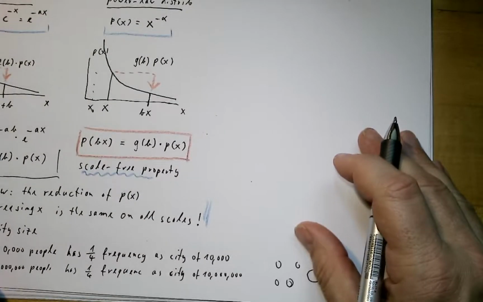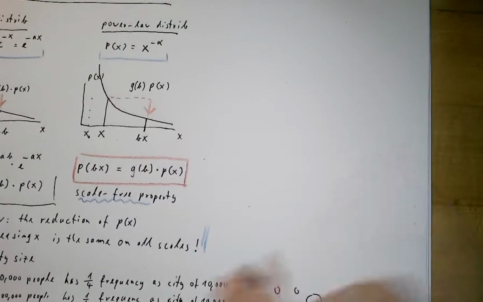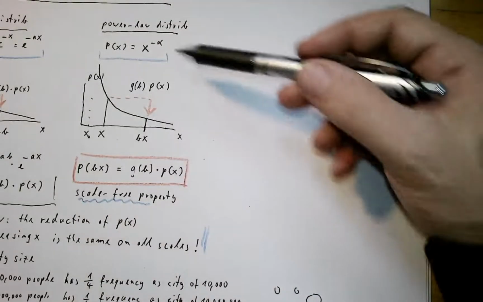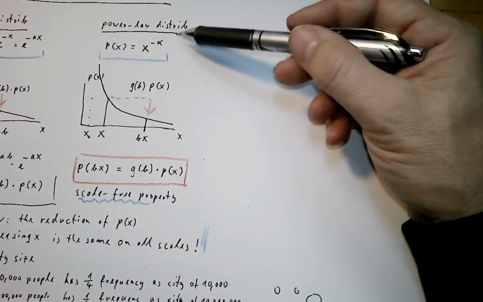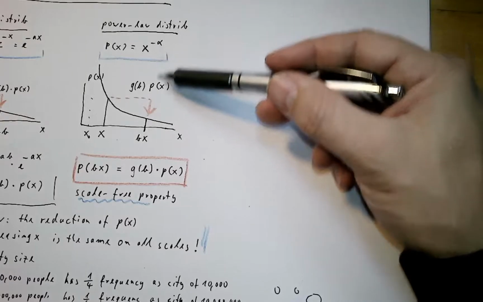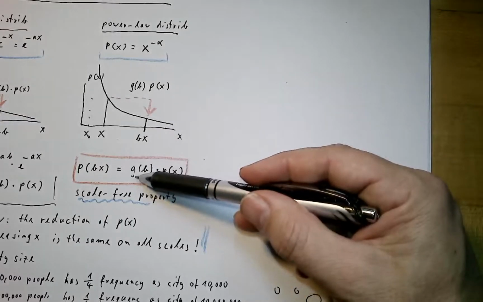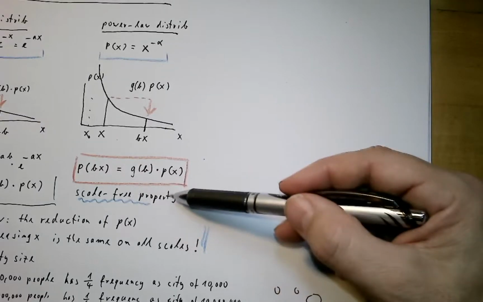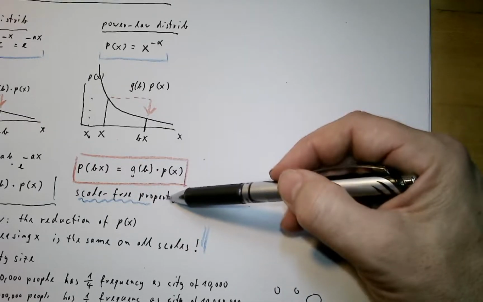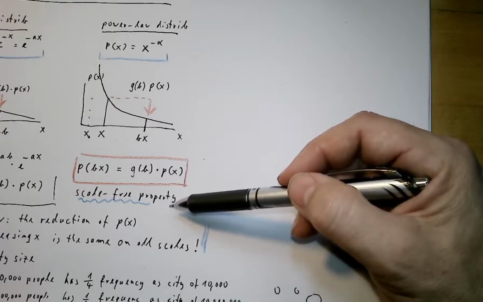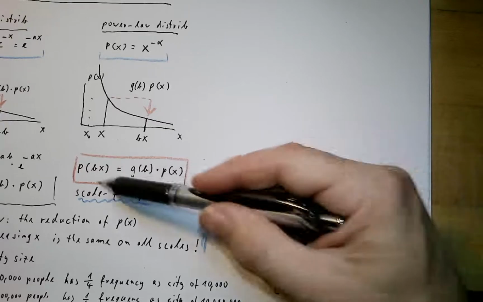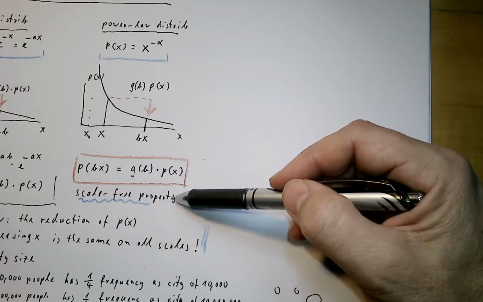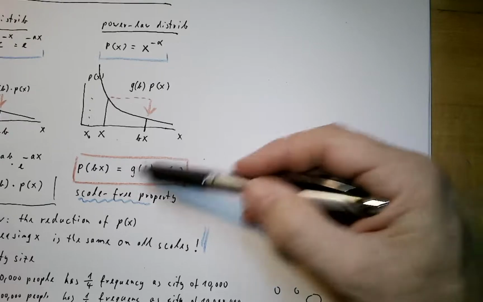And now I showed you this argument in this way, that if we have a power law distribution, we obtain this property, yeah? And so power law distributions are scale free. And now we could argue the other way around. If we have a scale free property, what kind of distributions have this?